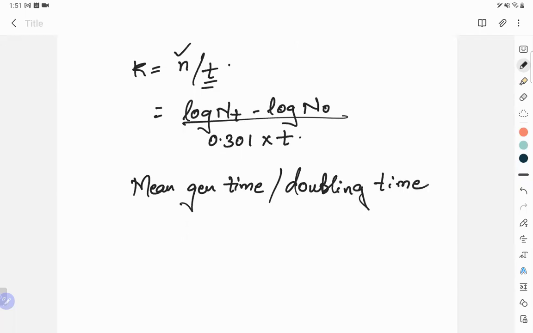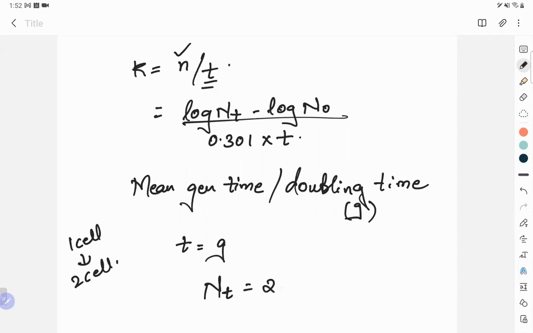Okay. In this scenario, we are talking about the time required to convert one cell to 2 cells, basically doubling up. So in this case, T is going to be equal to G. And here we are trying to see when we are getting double the number of cells from the initial number with which we started.